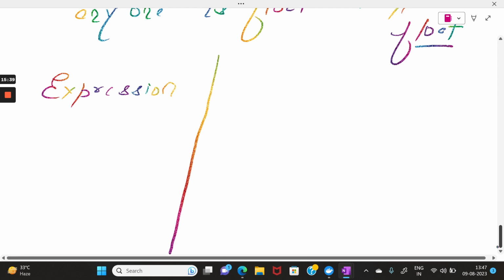Okay, let's move to the next topic. One more thing: when we give any variable, for some languages the computer automatically assigns it to a particular data type.